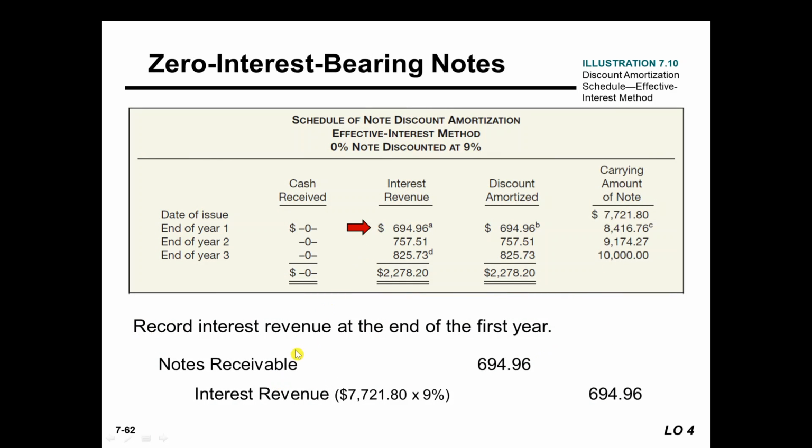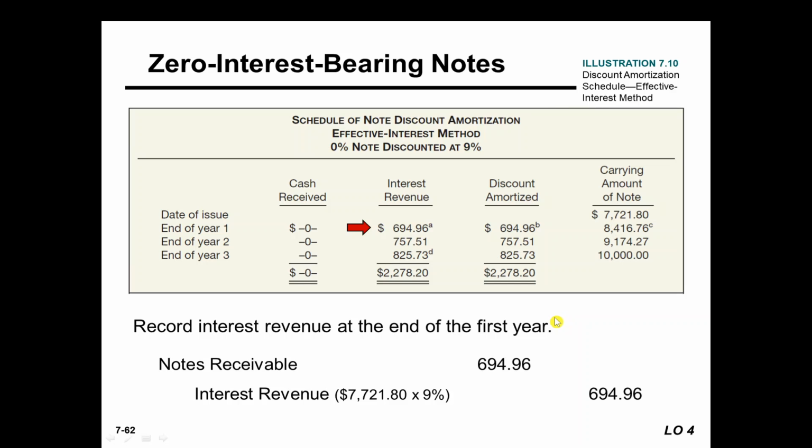And we go on until we come to 10,000. So in the second year, the journal will be notes receivable of 757.51 and interest revenue of 757.51, and the third year will be 825.73 on notes receivable and interest revenue.